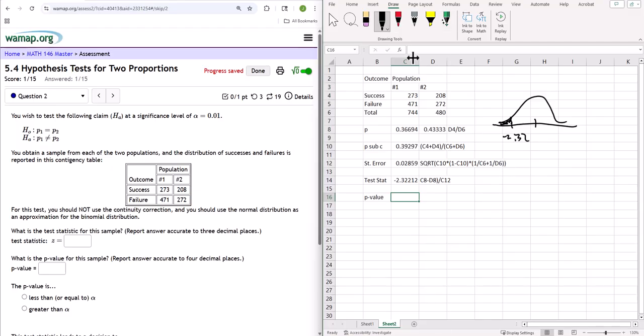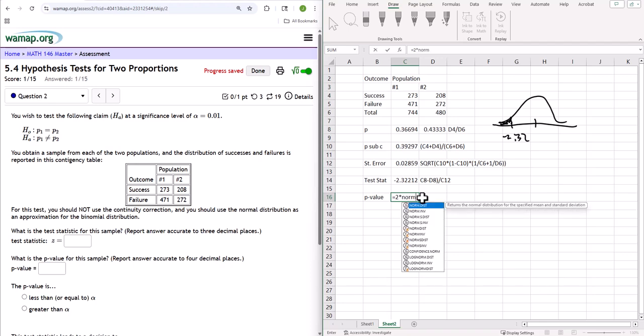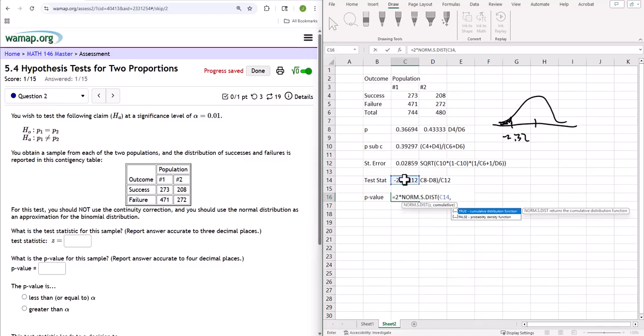So this is possibly a point of confusion. One student's asked me about it a little bit. You have to understand what's happening so that you can make sure you get your p-value right. So I can find the area to the left by doing a normal standard distribution, putting in my test statistic, hitting true, and then I have to double it because it's a two-tailed test.